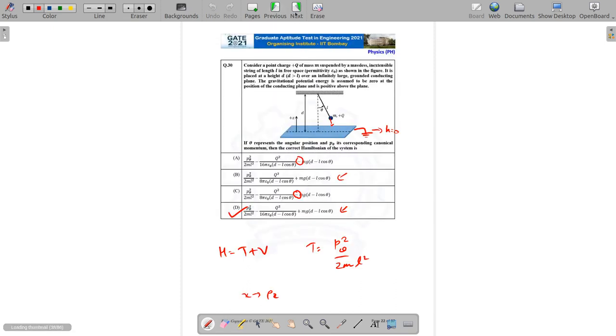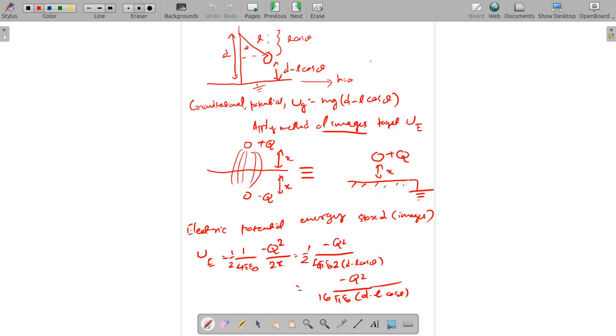When you suspend a charge above, say this is plus q, an infinitely big and grounded conducting plane, what happens is that minus charge will be all around this due to the electrostatic attraction from this plus q.